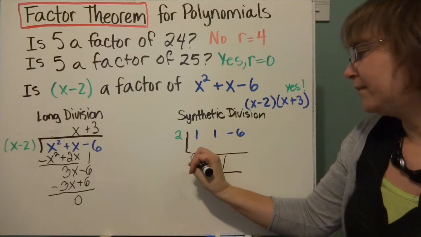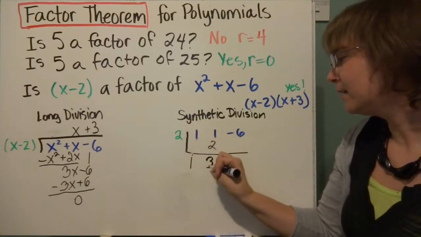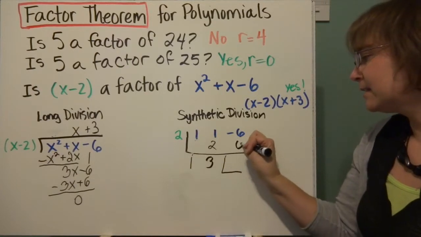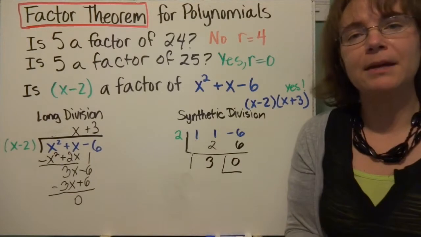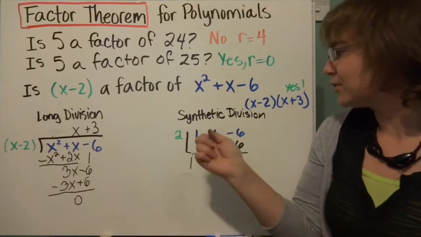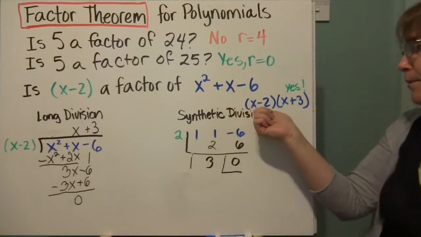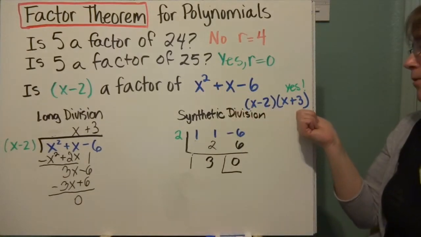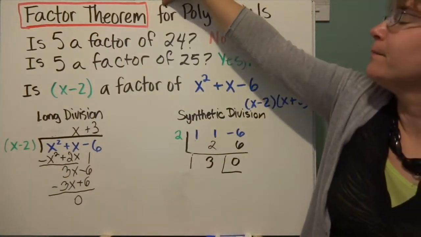I bring down this 1. 1 times 2 is 2. Add that. 3. 3 times 2 is 6. Negative 6 plus 6 is 0. So again, I get a remainder of 0 using my synthetic division. So if I look at this in factored form, I can see that both x minus 2 and x plus 3 are going to be factors of this polynomial.